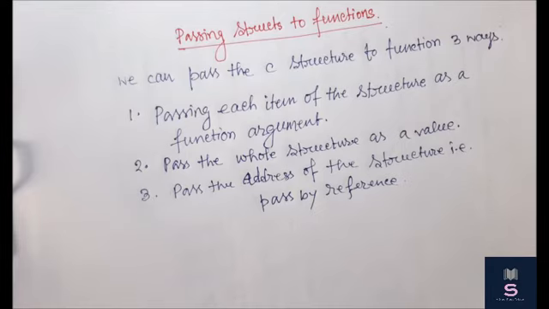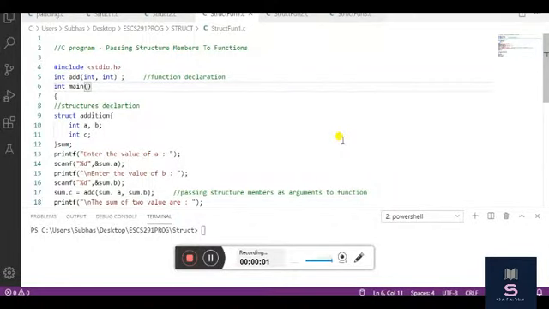I am going to discuss each of these ways through coding examples so that you can understand it very well. In this coding session I will show how to pass a structure member to a function, how to pass the whole structure as a value, and how to pass the address of the structure, that is call by reference.